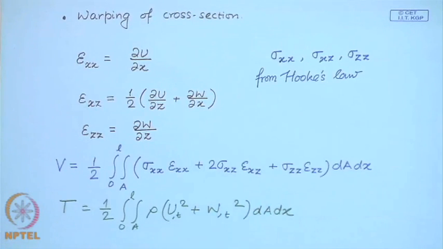Now, once you have these expressions, then you follow the variational principle to derive the equation of motion. So, by taking different kinds of expansion for our field variables capital U and capital W, you can devise higher order theories for beams.